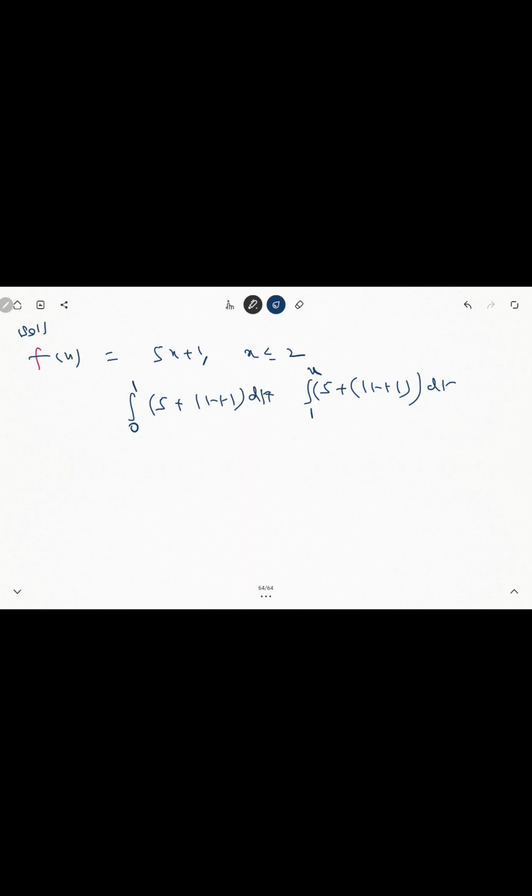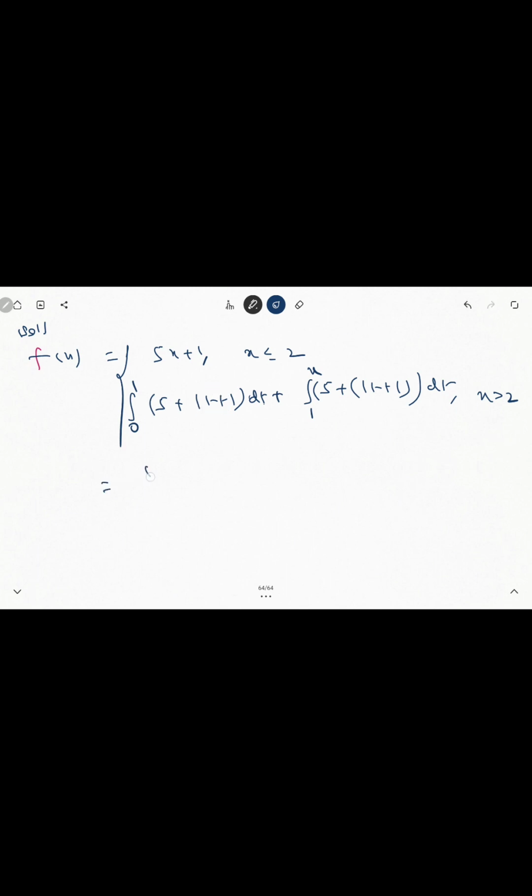Sorry, x is more than 2, but here t lies between 0 to 1 because the lower limit and upper limit are 0 to 1. So for example, you can take 0.9 or 0 point something. So it should be negative or positive? Sorry, positive only because 1 minus point something.